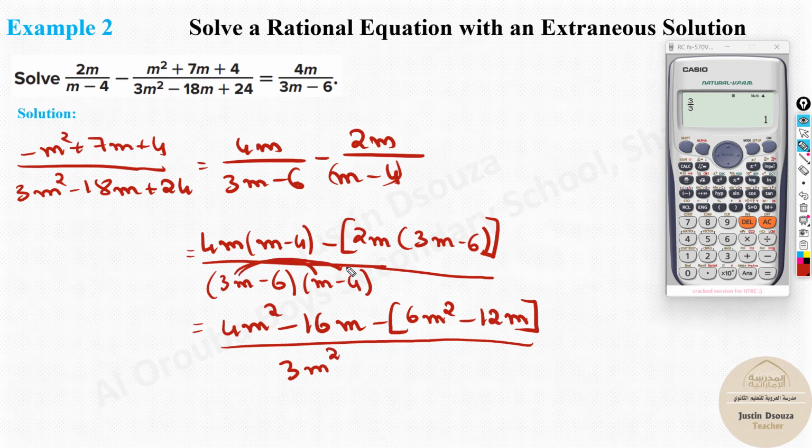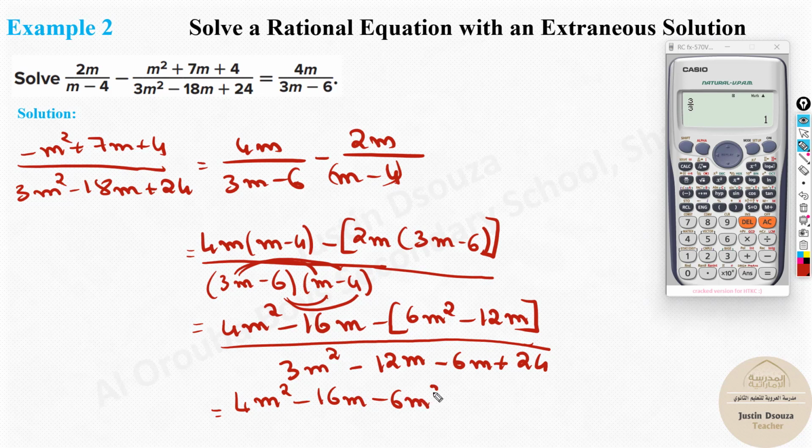Then this with the last term here, minus 4 threes are 12m, minus 6m, plus 24. 6 times 4 is plus 24. Now you can simplify the up and down terms. It's going to be 4m squared minus 16m minus 6m squared plus 12m.